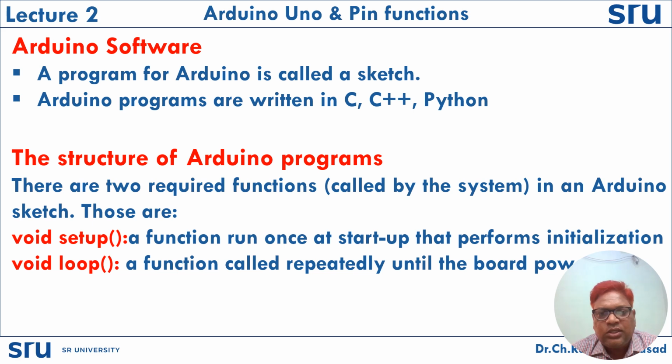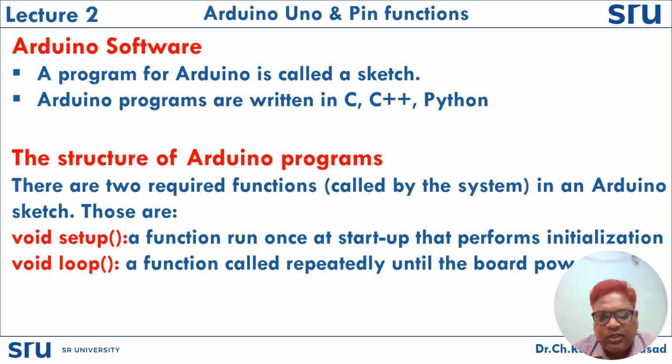In addition to this, you can also initialize whatever resources are connected to your Arduino board. Within the setup function, you write the initialization of your Arduino board along with whatever resources you have integrated. Those commands or initialization required, you can also write within the setup function.